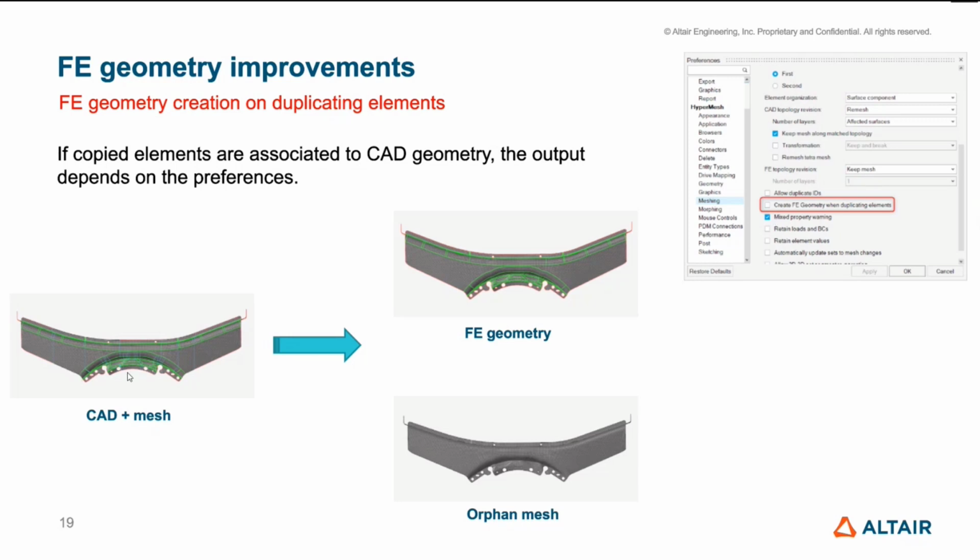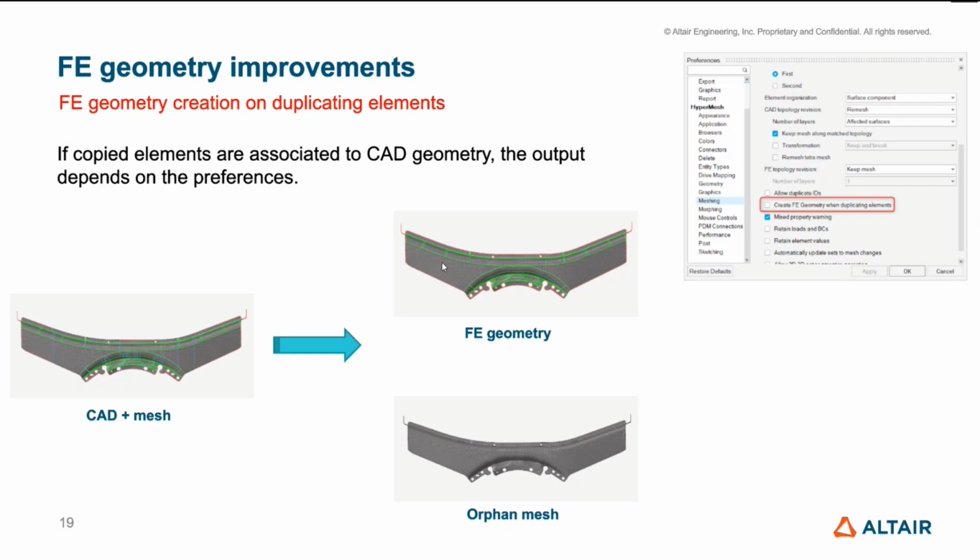For example, here my elements are associated to CAD. Now I am duplicating these elements, and I have an option whether to create FE geometry or orphan mesh. By default, this option is turned off, which means if I am duplicating these elements, I'll be creating orphan mesh. And if it is turned on, then I'll be creating FE geometry.